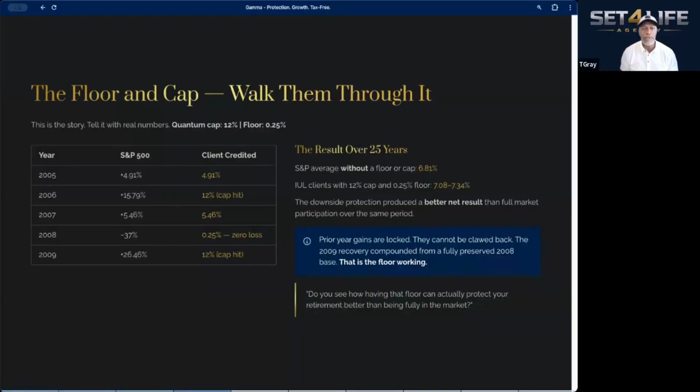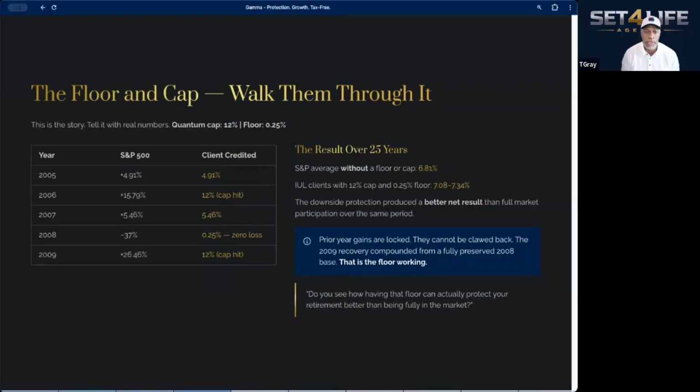In 2005, the S&P grew by 4.91%. That means that if you were in F&G Quantum, your cash value would have grown by 4.91%. In 2006, the S&P 500 grew by 15.79%. If you were in F&G Quantum, you would have hit the cap. Your money would have grown by 12%.